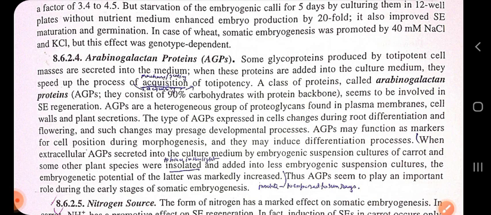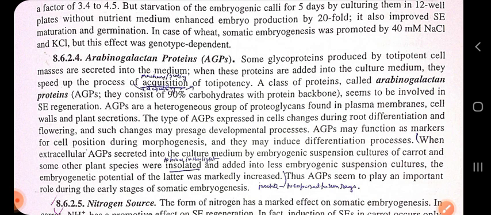So there are some glycoproteins that are produced by the totipotent cell. Now each cell of the plant is totipotent, that we know. So they release the glycoproteins, and if these proteins are isolated and given separately to the culture medium, they speed up the process of somatic embryogenesis.